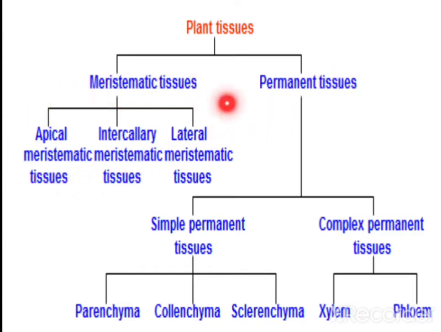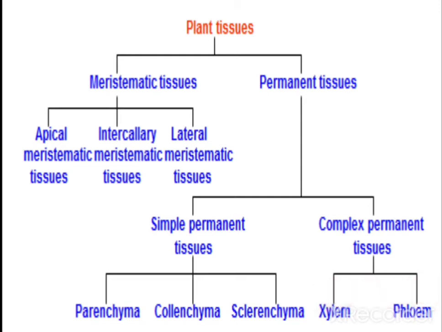Here meristematic tissues are of three types, that is apical meristem, intercalary meristem and lateral meristem. And the permanent tissue is of two types, that is simple permanent and complex permanent. Simple permanent is again classified into three types, that is parenchyma, collenchyma, sclerenchyma. And complex permanent tissue is divided into two types, that is xylem and phloem.